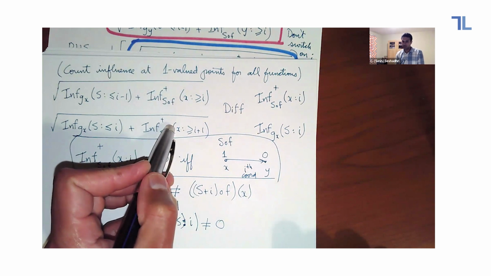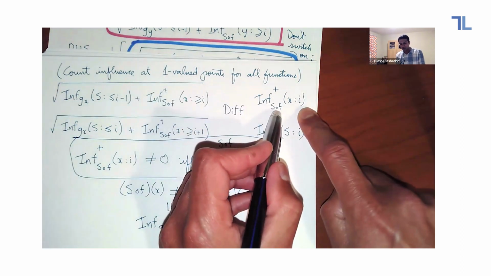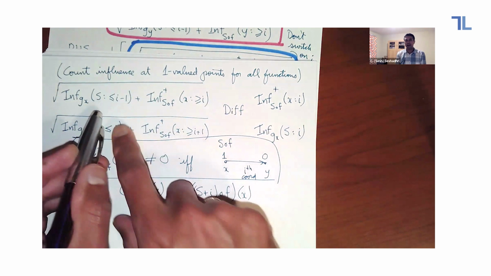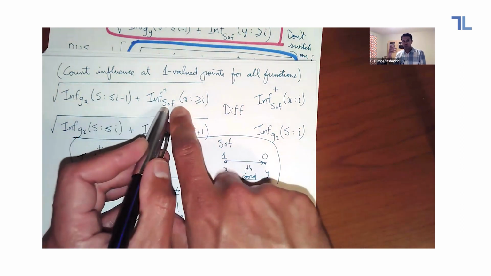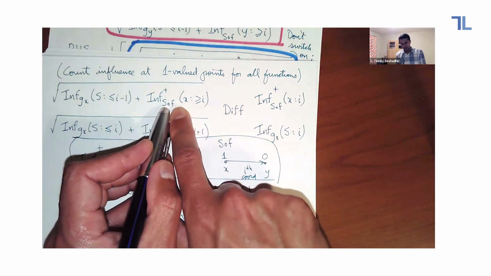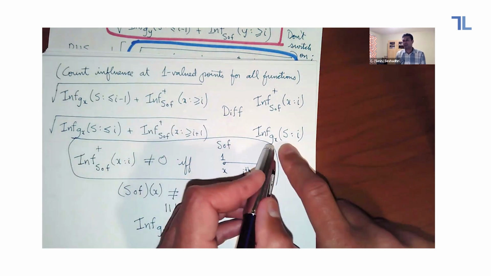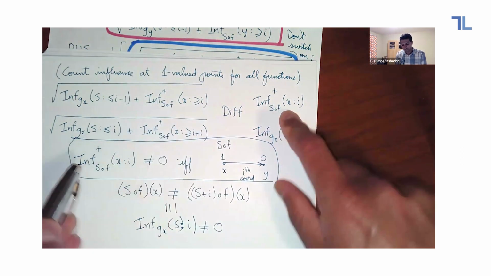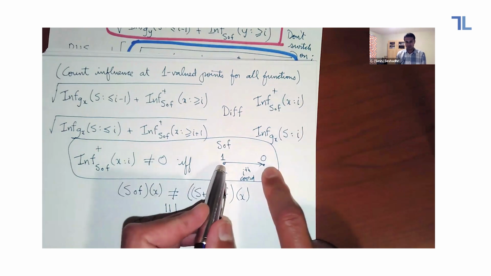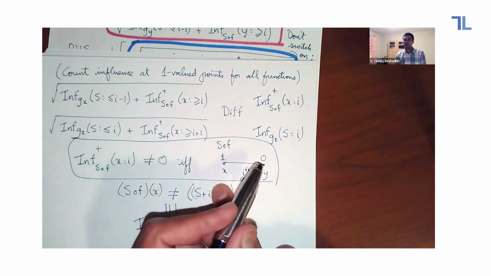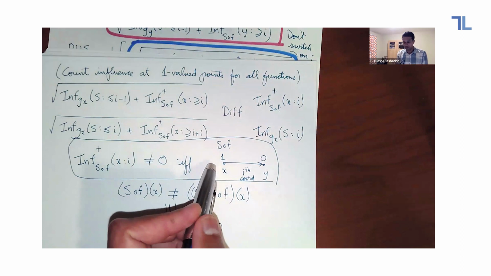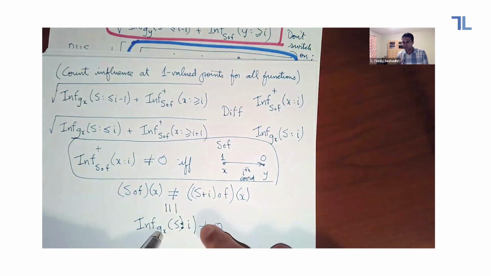Right, so these two things, the only difference is what's happening on that ith coordinate. And so you say over here, you're counting the ith coordinate in s circ f. You're looking at it in the primal. The second one, you're looking at it in the dual space. But you're tracking the same information. In the first, the fact that there is influence means that if you switch on that coordinate, you're going to change the value, which is what you're tracking here. This is where the switching and the monotonicity are getting connected.